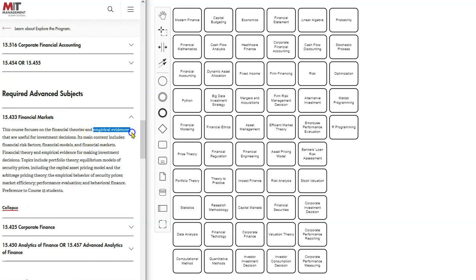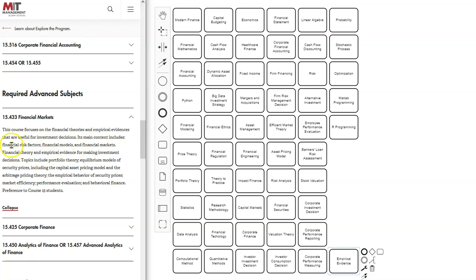Empirical evidences. They're useful for financial decisions. So more decision, but in this case it's empirical evidence versus just regular evidence.